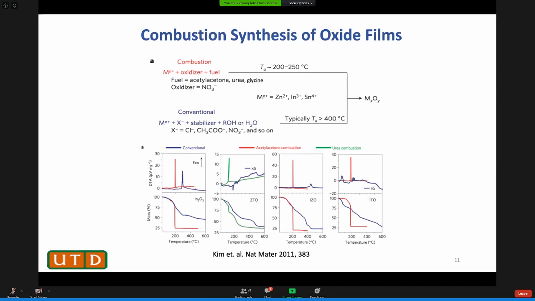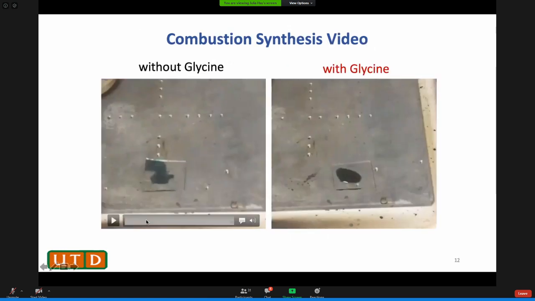The other thing is, wait, let me just show you this. This is just visual to show you the difference between combustion and non-combustion. On the left side is a film, a drop of a precursor without glycine.